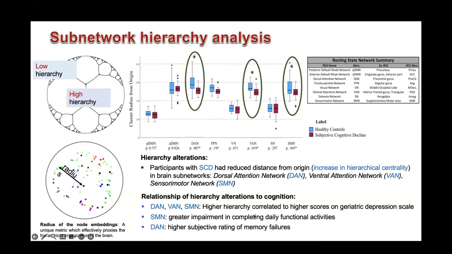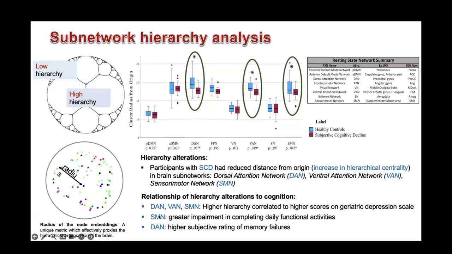There is also a relationship between hierarchical alteration and cognition, based on other evaluations. The three subnetworks with pronounced alterations between the two subgroups correlated with higher scores on the depression scale.